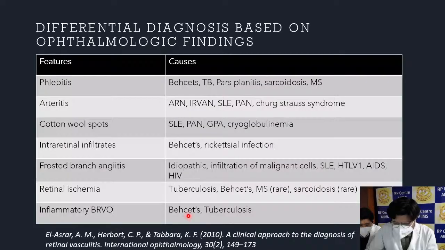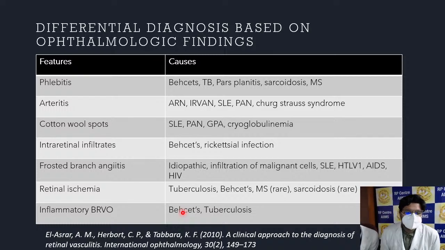Okay, just a minute. So again, just go back. Many authors now are assigning these specific features, like ischemia or inflammatory BRVO, to tuberculosis. But here again, I would like to caution you that most of the vasculitis that we see, specifically the phlebitis and the Eales disease type, will lead to capillary non-perfusion, and all of it is not tuberculosis.